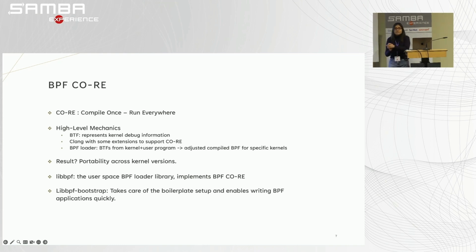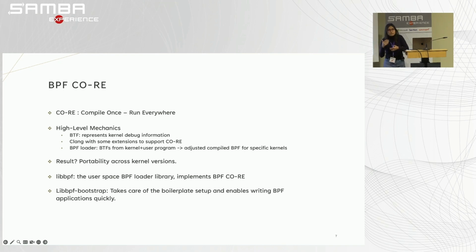So it might have information about, for example, if you're trying to access some field in a particular structure, the name of the field that you are trying to reference, and its type.